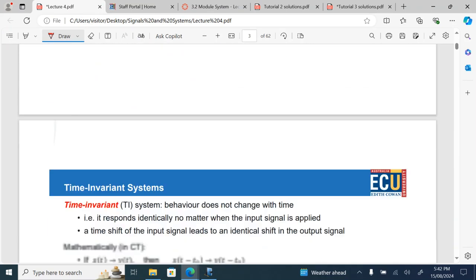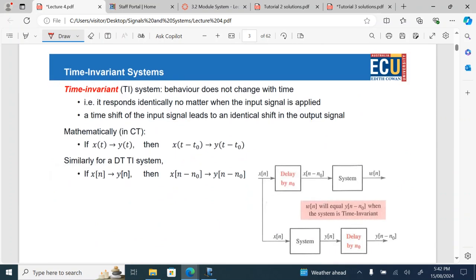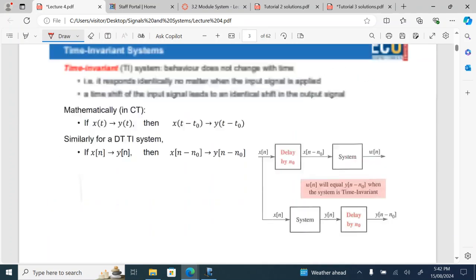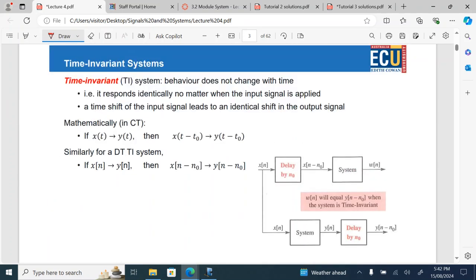For checking if a system is time invariant or not, first we shifted the input signal, found the output, then shifted the output, and compared the two.